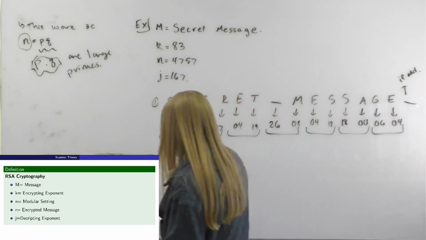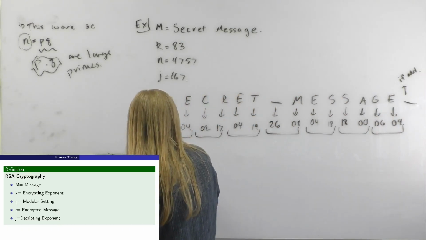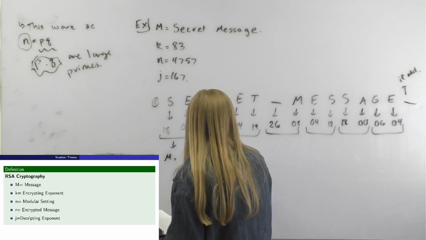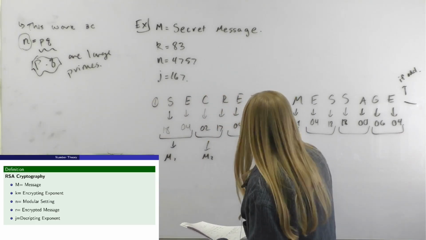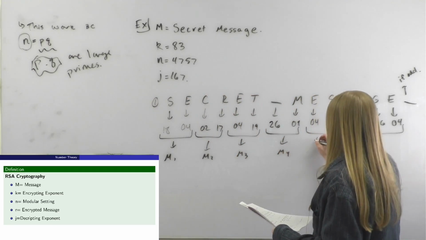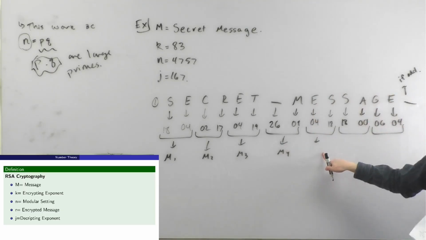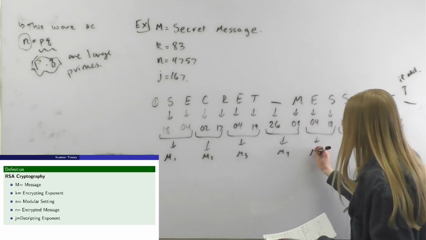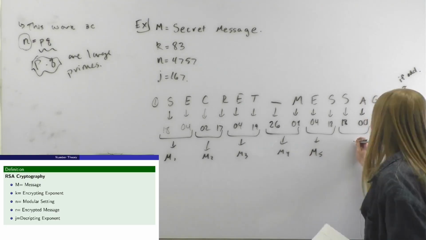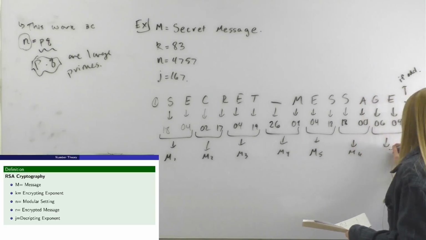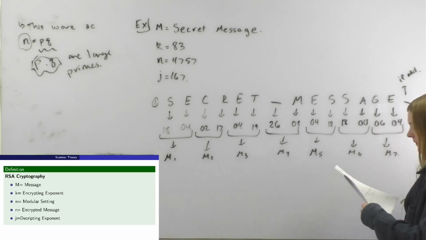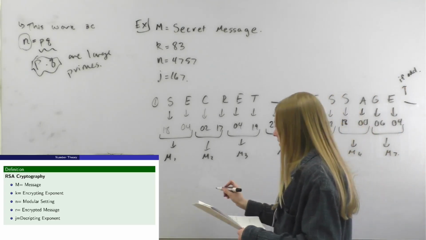Okay, and then we're going to let this be M1. We're going to let this be M2. We're going to let this be M3. And then this one's M4. Any thoughts on what this one's going to be? M5. M6 and M7.